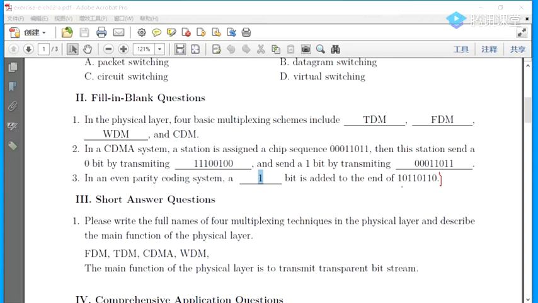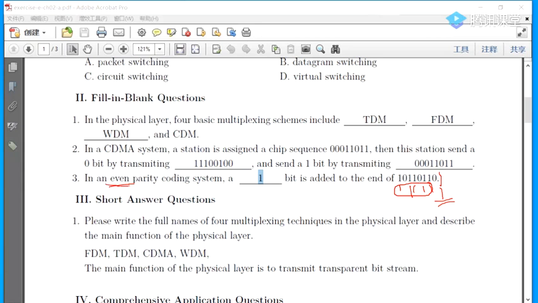Because counting the 1s: 1, 2, 3, 4, 5, 6. So 6 is an even number. So here it is 1 bit. Or, the number of 1s in the original sequence is 5, so 1 bit should be appended to the end of the sequence.